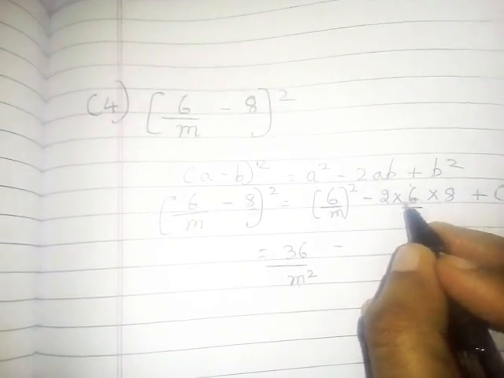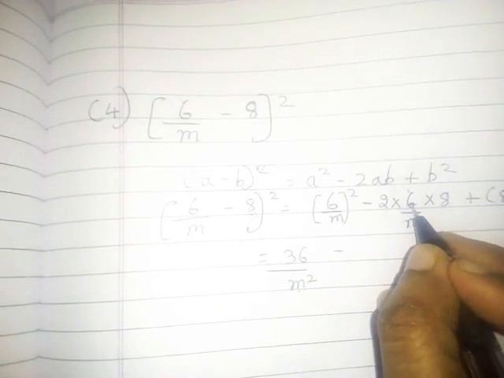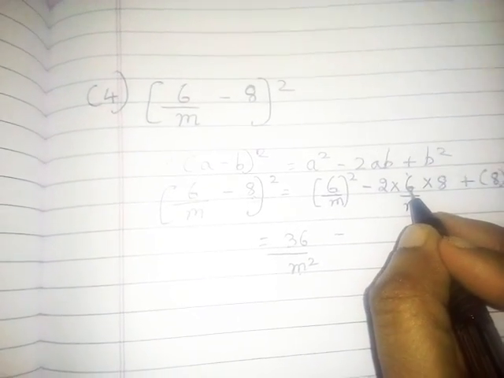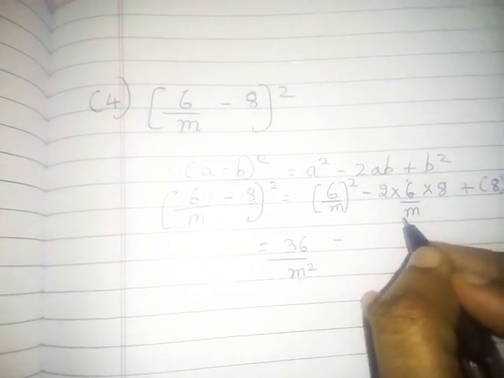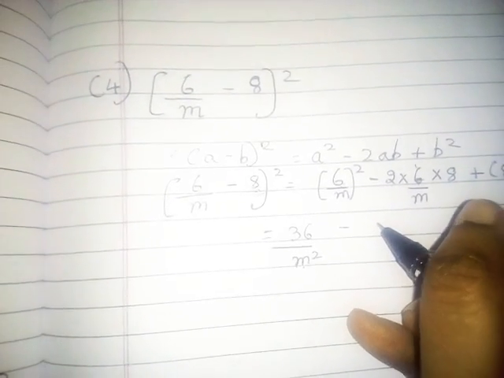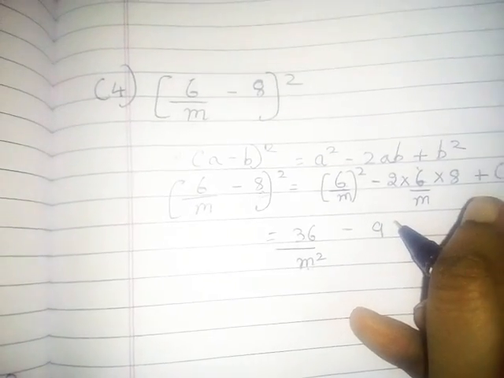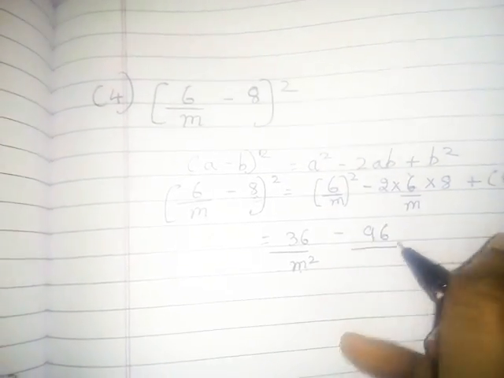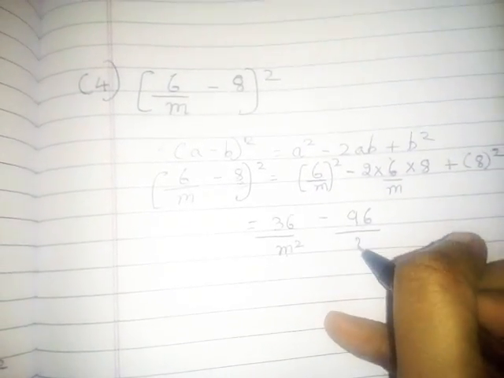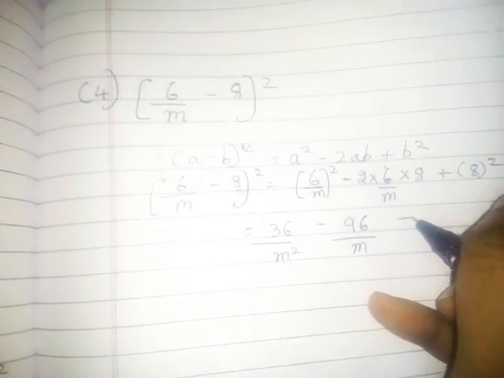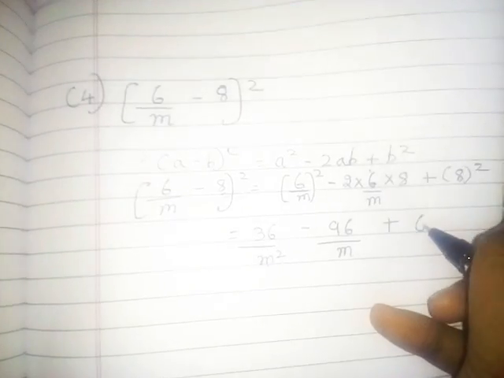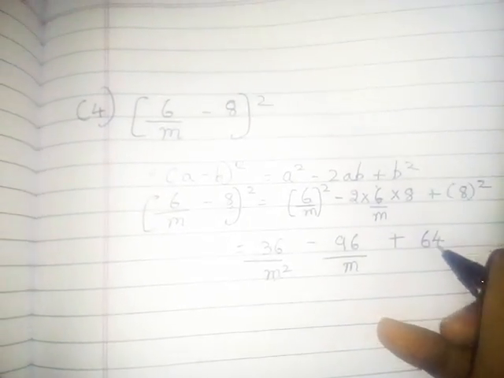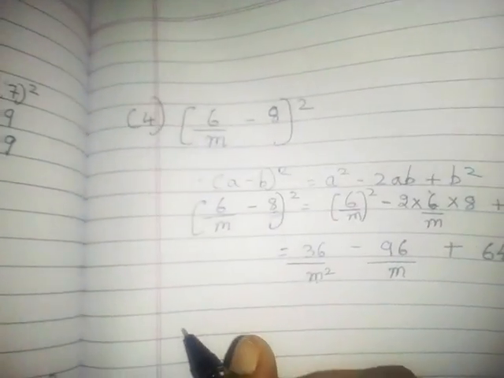Now multiply the numerator first. 2 6s are 12, 12 8s are, you should know the 12 table also. 12 8s are 96 upon denominator what is there, m, plus 8 square. 8 8s are 64. Okay, you can write the final answer.